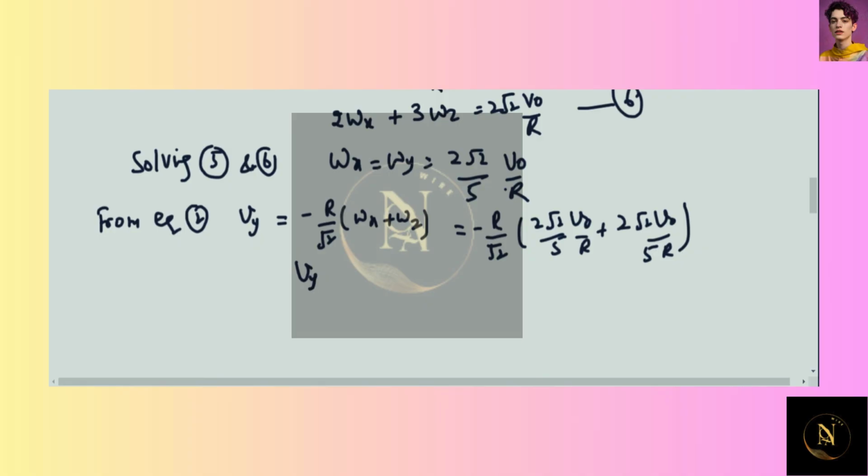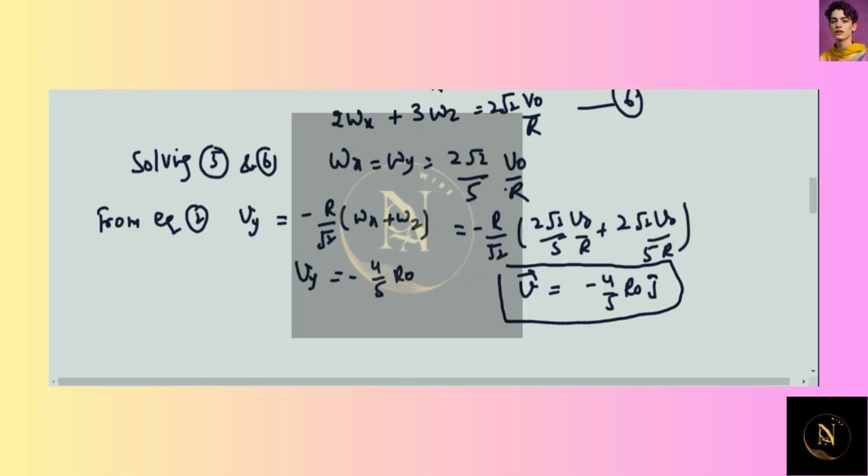We will get vy to be minus 4 by 5 v naught. So velocity can be written as minus 4 by 5 v naught j cap. So just after the impact, velocity of centroid is minus 4 by 5 v naught j cap. I have to make a correction here: v naught, and here also v naught.